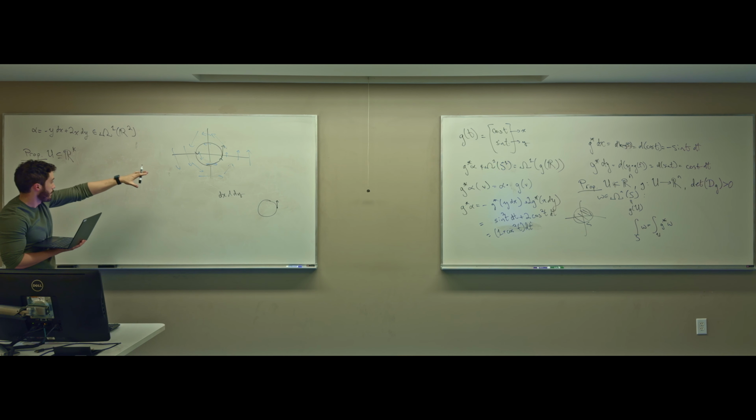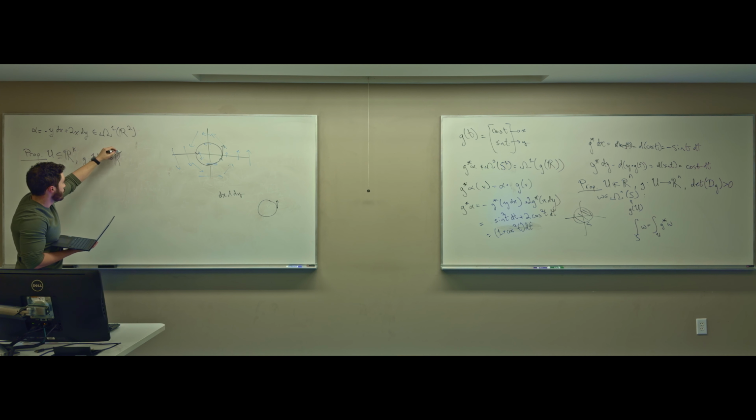In our case, we have this being a parameterization of the circle, so it's going to be R1. And g, mapping from U, which is the parameterization, over to Rn, is smooth.